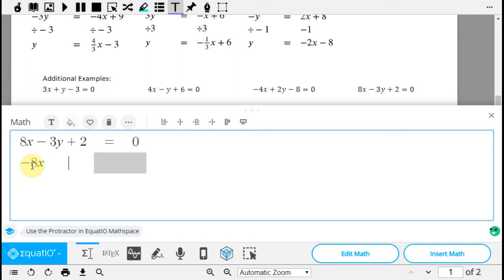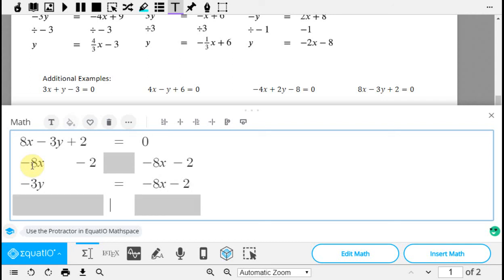Subtract 8x, subtract 2, and we do the same to this side. That leaves us with minus 3y is equal to minus 8x minus 2. We have a minus 3y out in front.